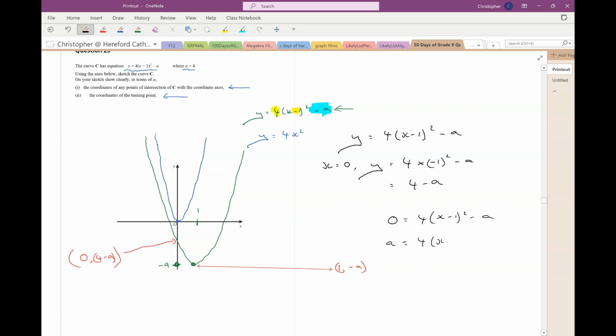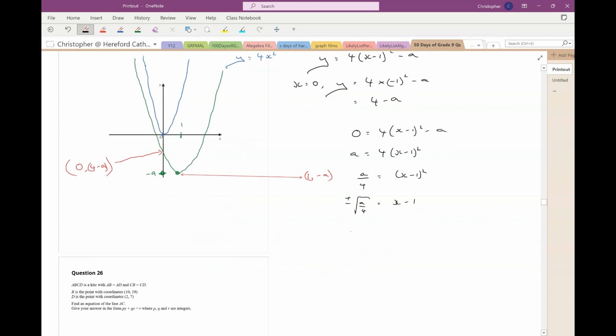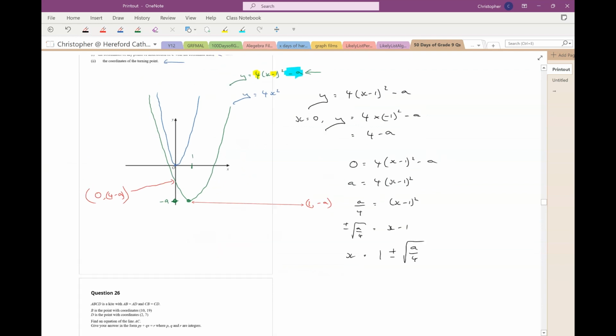Let's divide both sides by 4. Let's square root both sides. Plus or minus the square root of a over 4 equals x minus 1, and let's add 1 to both sides. So x is going to be 1 plus or minus the square root of a over 4.